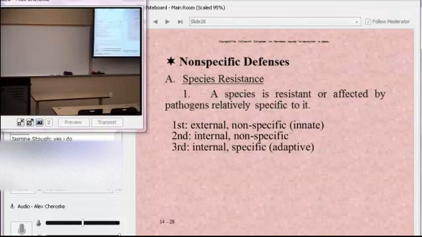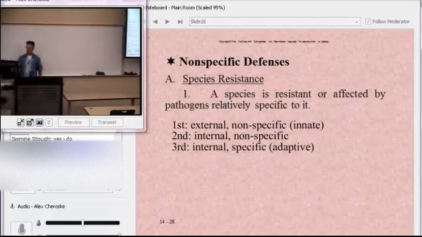When we say your specific defenses have memory, that's the adaptive part. Every time you get exposed to something, the cells of your adaptive immune system remember it, and now your immune system has been boosted. It's changed, it has more memory, and it can protect you better. So the specific, internal defenses of our third line are also called adaptive. You can use either specific or adaptive.